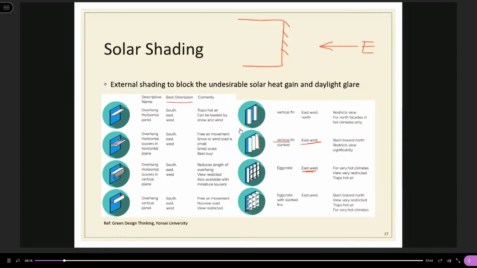Then it can block the low angle sunlight coming from the east. So for blocking sunlight at low angles, we will use vertical fins, and to block sunlight that comes from a high angle, like the south, you will use the horizontal overhang.